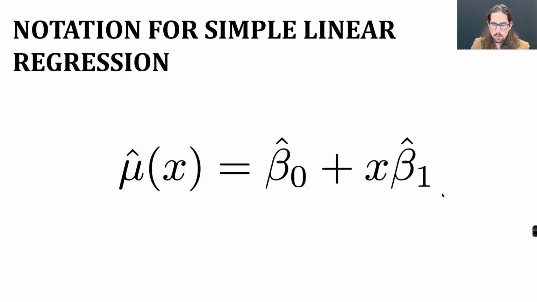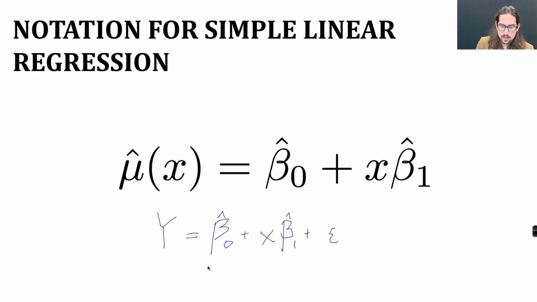And you may also see notation like this: y is equal to beta 0 plus x beta 1 plus epsilon. So this is just saying, okay, this is my prediction model here, and then here's some epsilon.